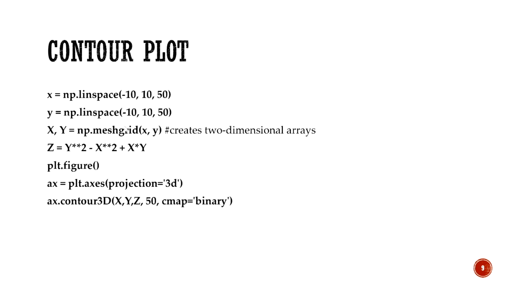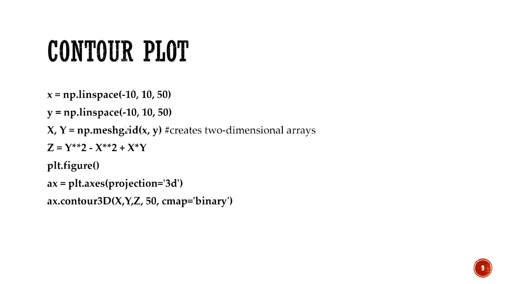And then we define another variable z, which is y raised to 2 minus x raised to 2 plus x times y. So it's just a function that we define. It will be applied to all elements in x and y, and then it will be stored in z.